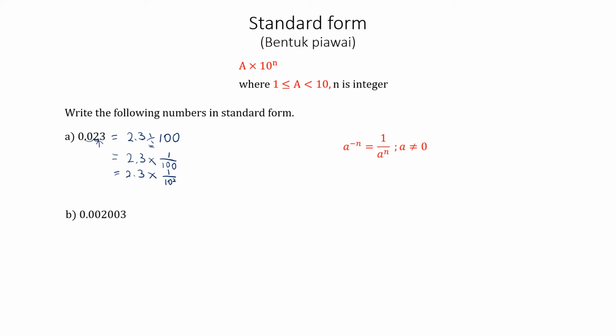So for this question, this is equal to 2.3 times 1 over 10 to the power of 2, which I can write as a negative index. To write in standard form, we need to write in index form. So it is 10 to the power of negative 2.